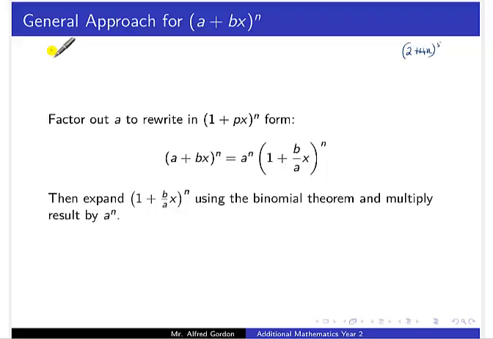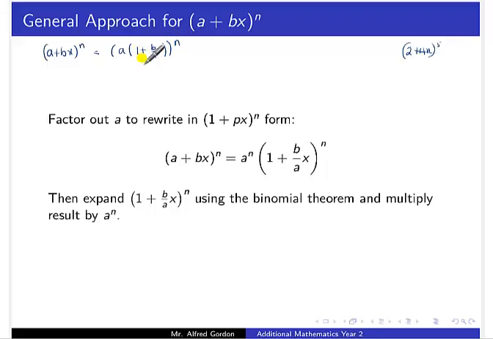So expressions of the form a plus bx all to the power n can be simplified into the special form that we have already discussed in our previous videos. Inside the bracket, we can factor a out to have a times 1 plus b over a x, all to the power n.